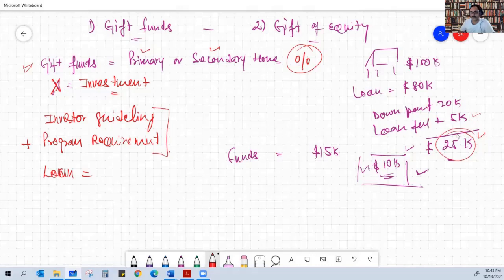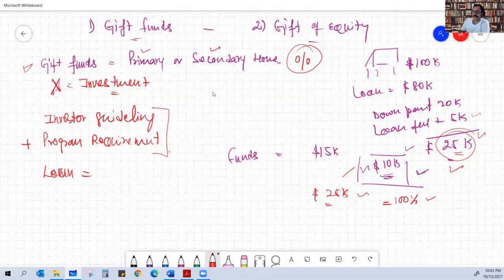So 25,000 cash needs to be paid at closing. Can the borrower accept 25,000 if the borrower's father is telling me that he is gifting $25,000 to his son towards the purchase of this property? Can we accept 25,000 from the gift and use 100% of the down payment from the gift funds? That requirement needs to be checked.